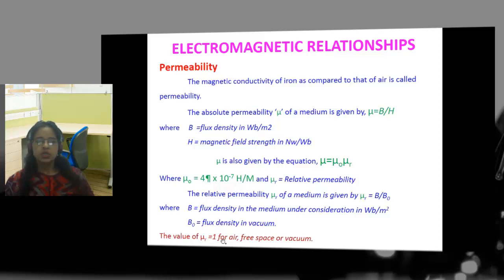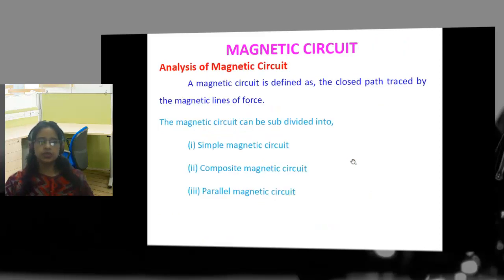So mu R is equal to 1 for air. If the problem mentions that the medium is air, then it is understood that the value of mu R will be equal to 1. These are the things related to permeability.